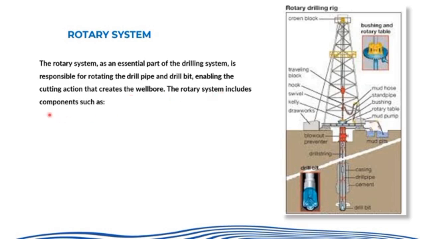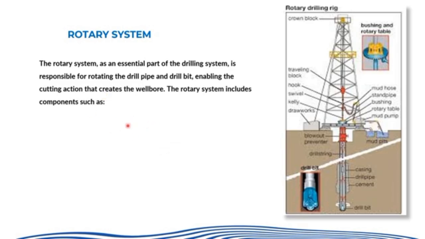The rotary system contains the Kelly, the rotary table, the master bushing and Kelly bushing, and the drill string and drill bit. These all come under the rotary system components.